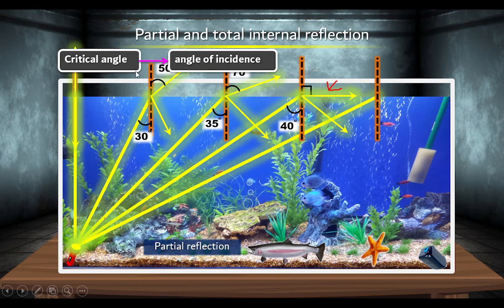That angle is known as the critical angle. Now if the angle of incidence is more than the critical angle, then what will happen? Then total internal reflection will take place.